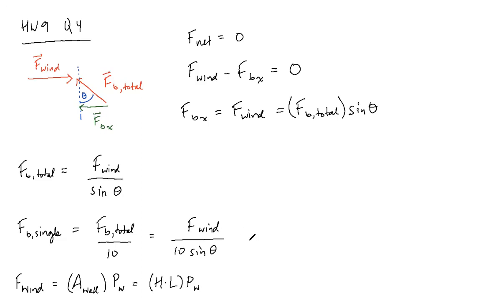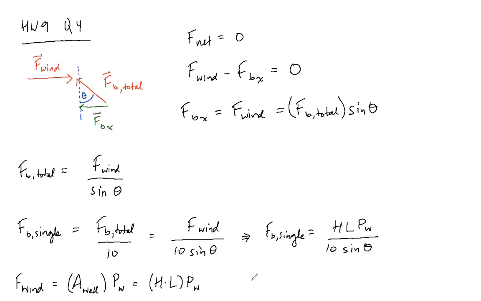And so what we end up with is FB for a single brace is going to be the height of the wall times the length of the wall times the wind pressure divided by 10 times the sine of the angle.